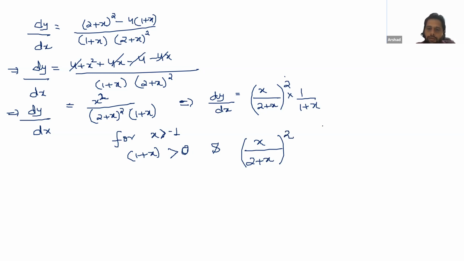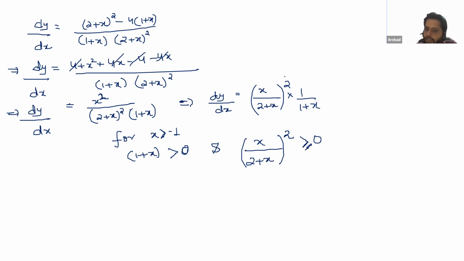Now, this value is for x greater than minus 1. Here we are also checking the increasing function. So x square by 2 plus x whole square is greater than or equal to 0, because if you choose the value 0 here, then this function will become 0. There is a square, that's why this will be positive. This can't be negative.